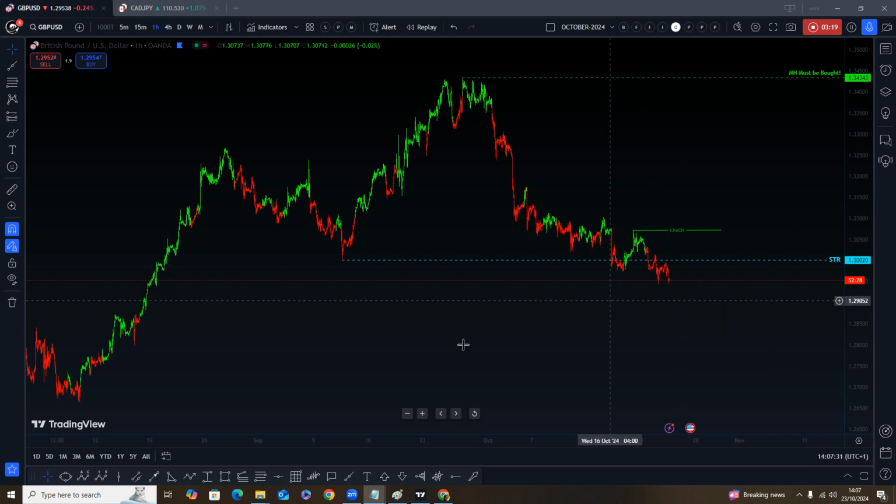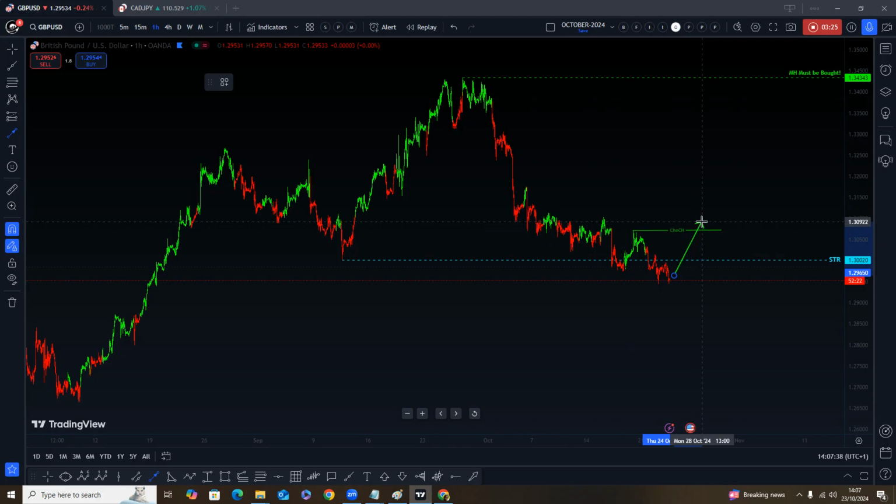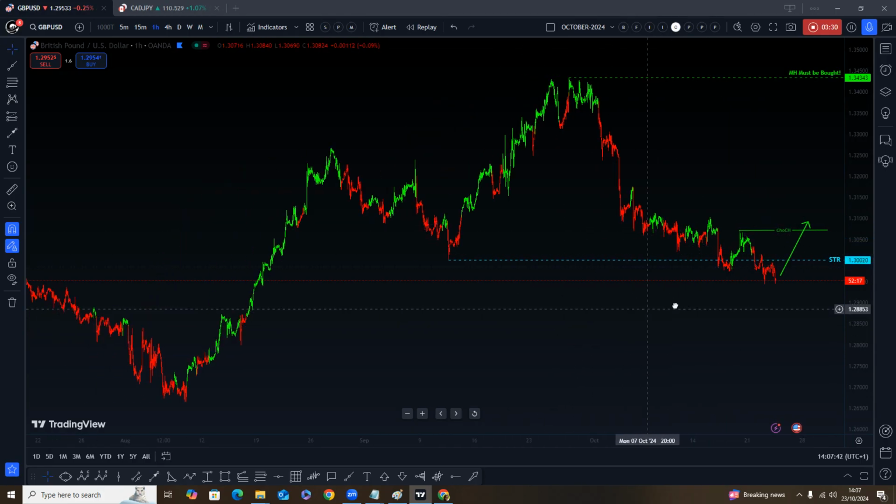That is our expectation in the short term on the pound US dollar, for us to see a break of this area here. That is basically the picture.